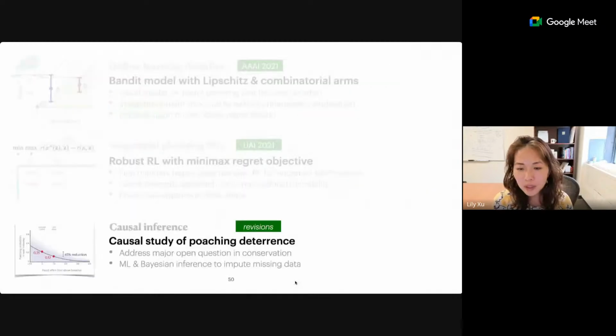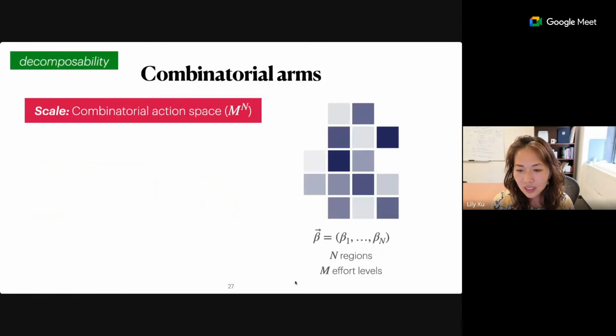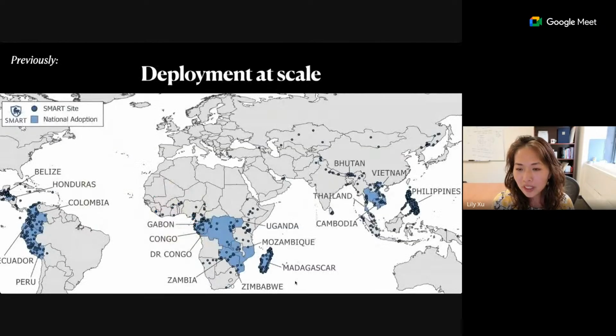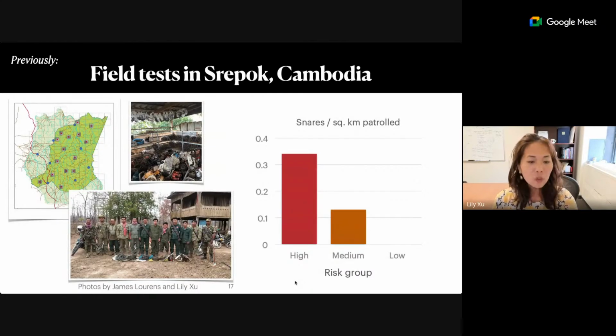But if we go back to what the field test looks like, this is an example from Cambodia, and Uganda is different, but the areas that were patrolled more are fairly spaced out from other areas.